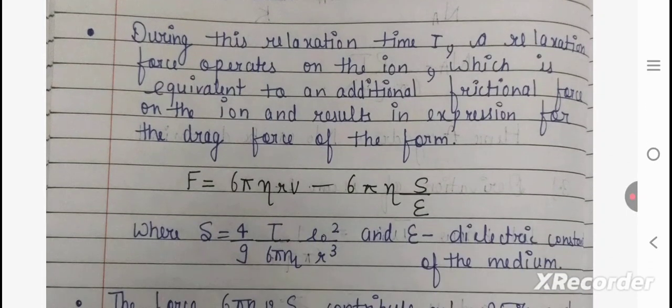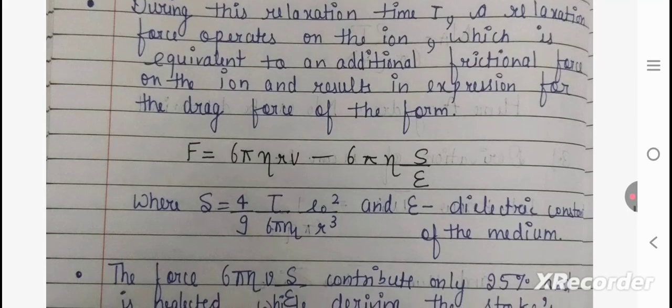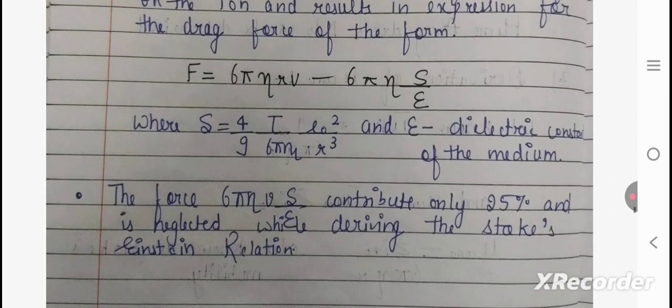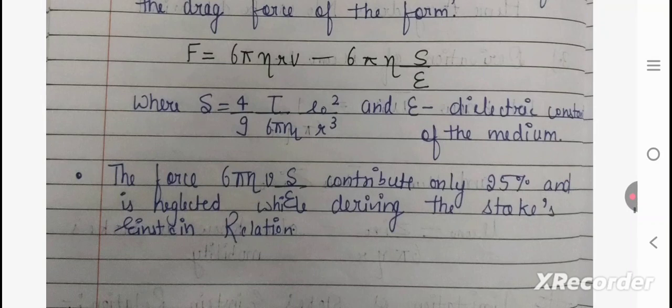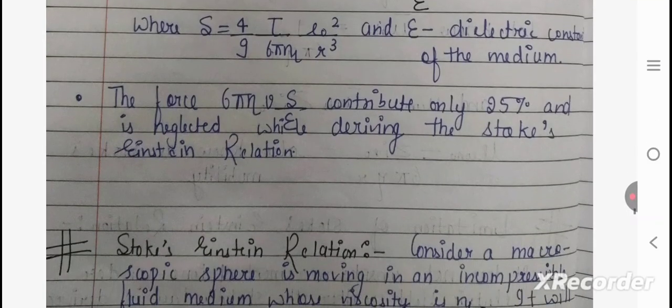Secondly, during this relaxation time tau, a relaxation force operates on the ion, which is equivalent to an additional frictional force on the ion and results in an expression for the drag force of the form F is equal to 6 pi n r V minus 6 pi n V S by E, where S is equal to 4 by 9 into tau by 6 pi n into e naught square by r cube, and E is the dielectric constant of the medium.